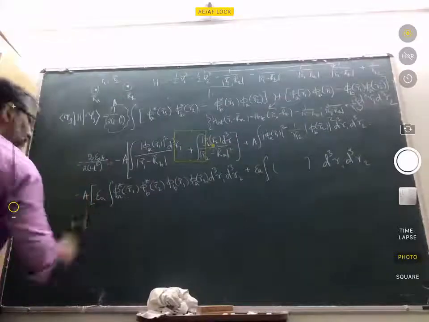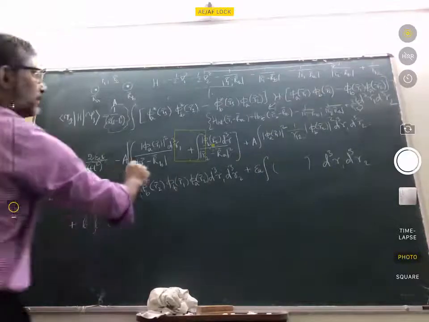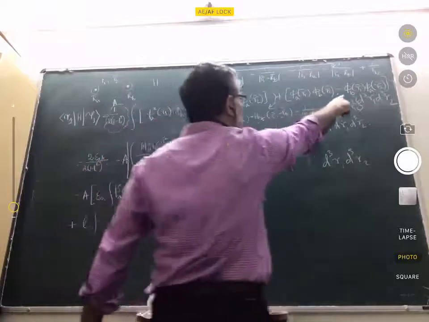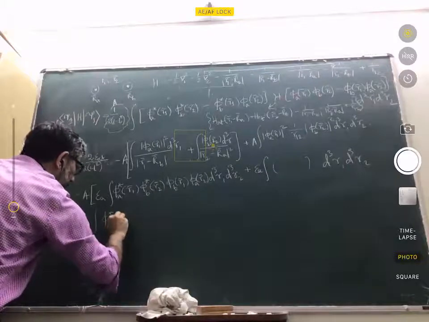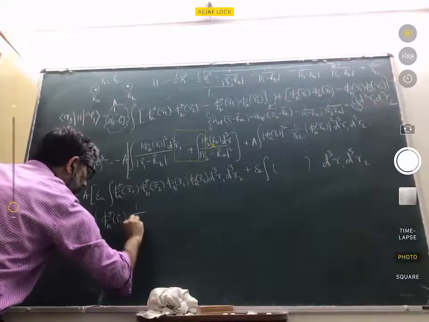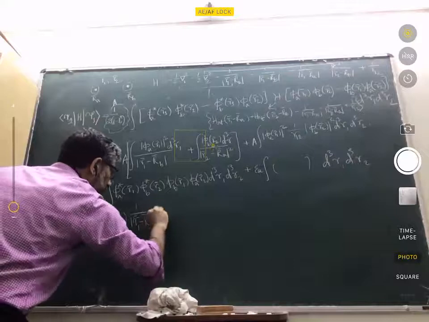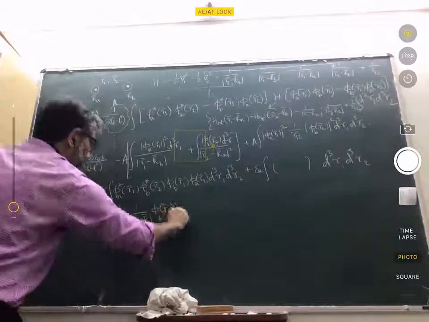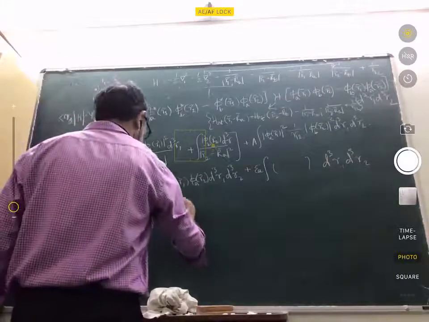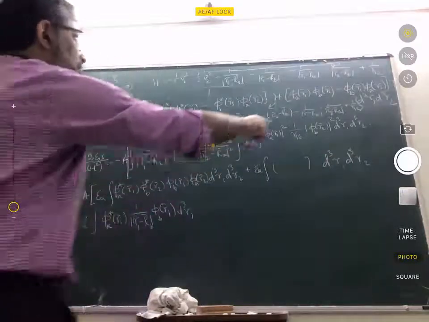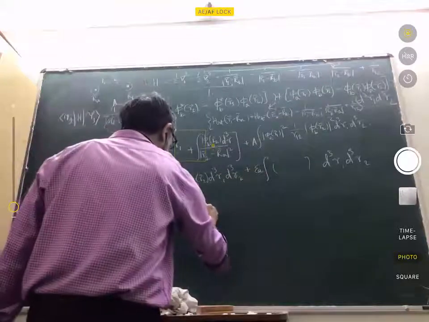So I get the overlap integral L. And then I'm left with phi A star and phi B. And obviously, I'll get a similar term when I take this. So there, the R2 integral will remain.